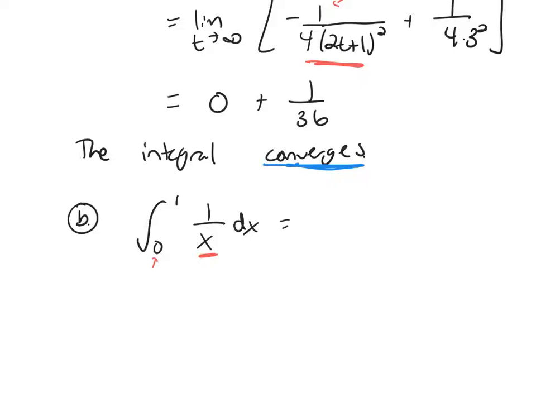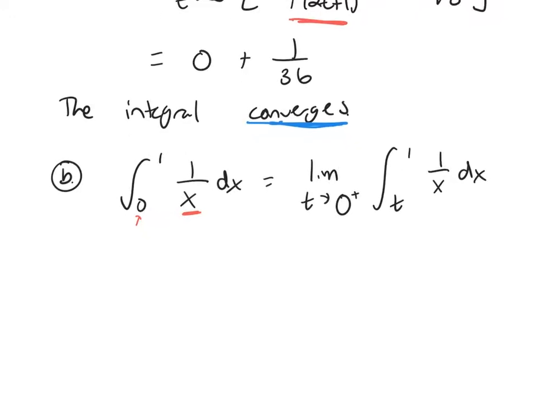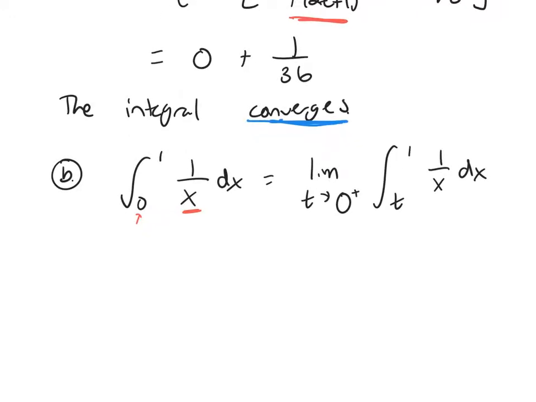So I've got to put in a limit, and because this is a fixed number here, you're going to have a one-sided limit. It'll be as t approaches 0 from the right. And now because I got rid of that 0 by putting in a limit, I can now compute this integral.